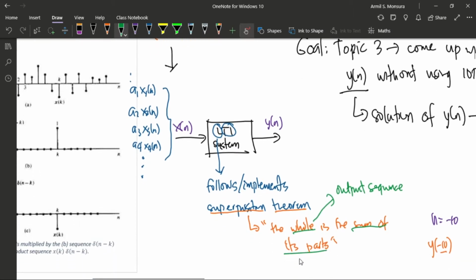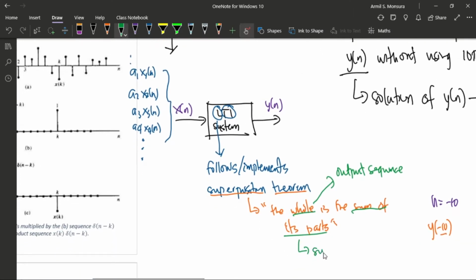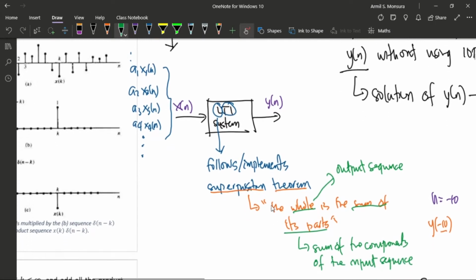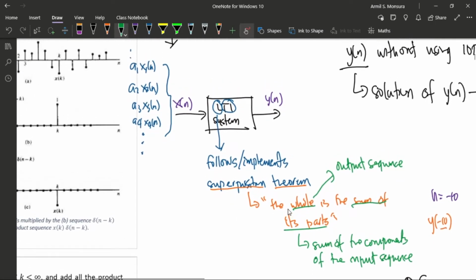The sum of the parts na tinutukoy natin dito is the sum of the components of the input sequence. So, sinasabi natin sa superposition theorem is that if you actually break down yung input niyo into different components, then supposedly si system niyo would produce, say for example, ito yung in-input niyo, no?